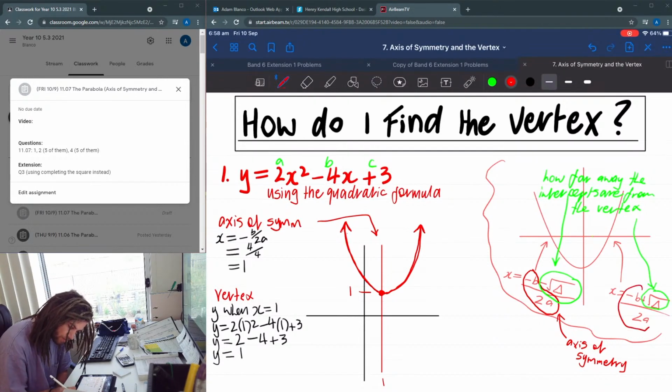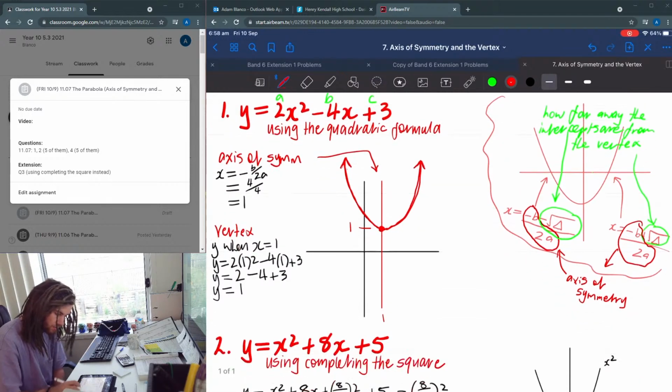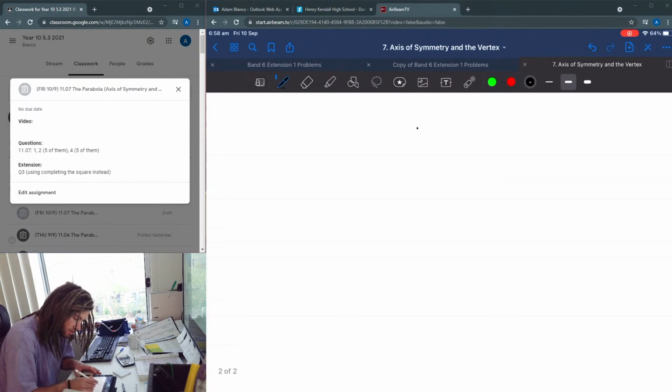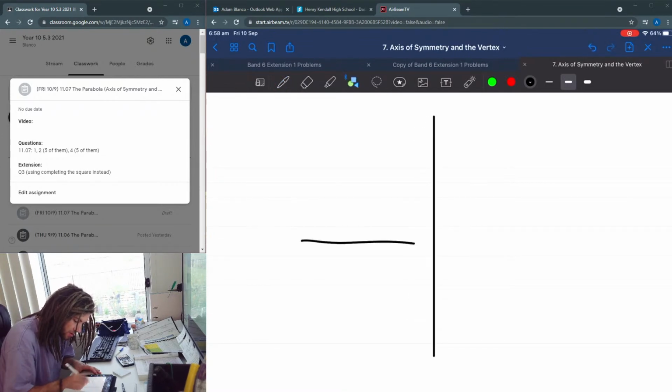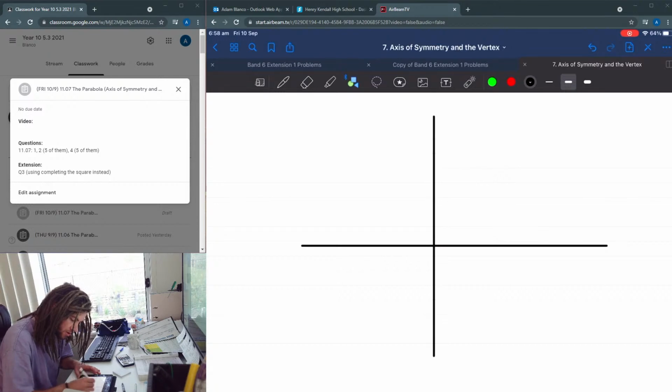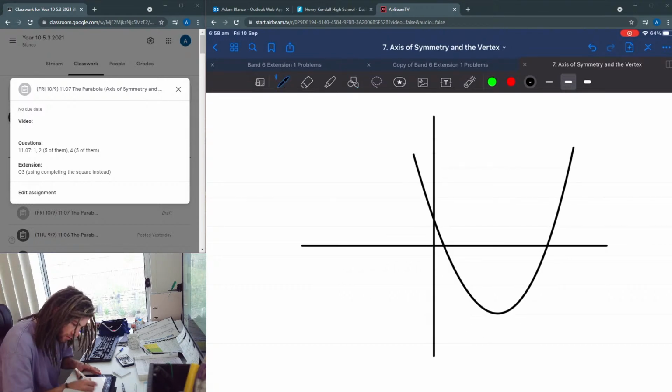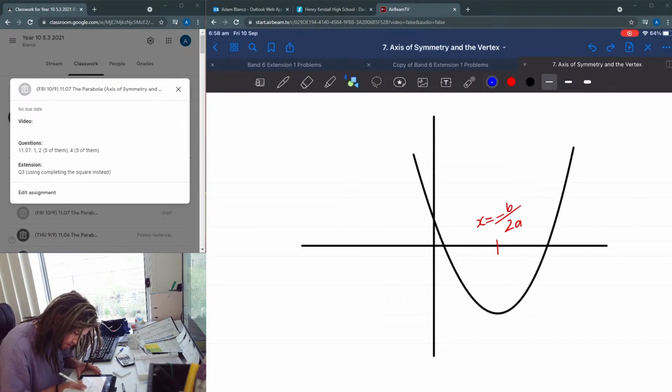That's the axis of symmetry. Maybe I'll redraw it over here in case you care. So I've got this and this. You think of a parabola. This value here is x equals minus b on 2a. This distance here and this distance.